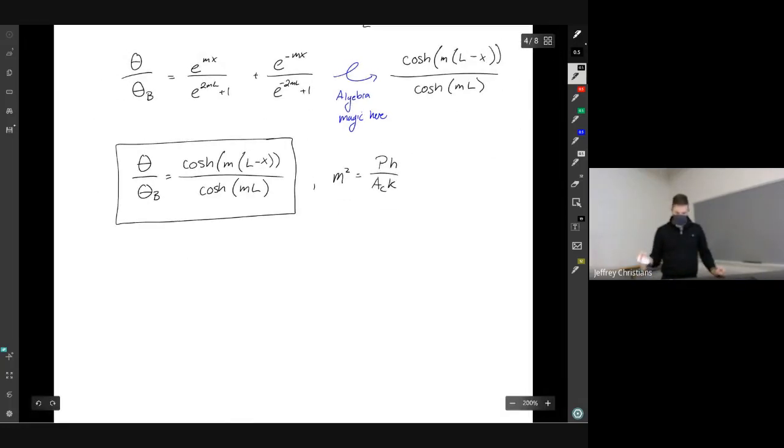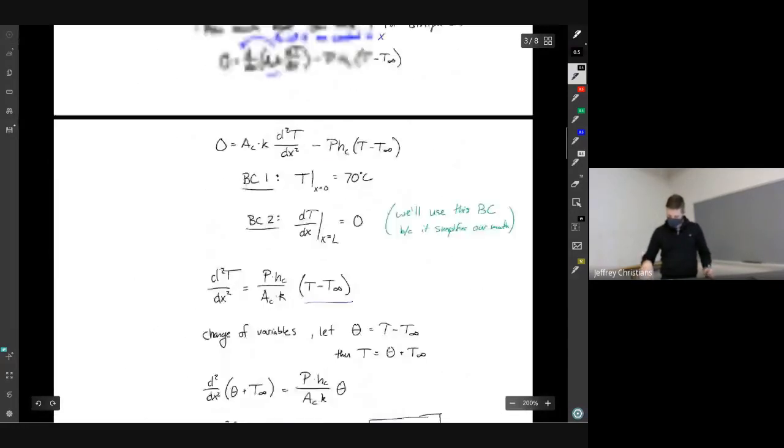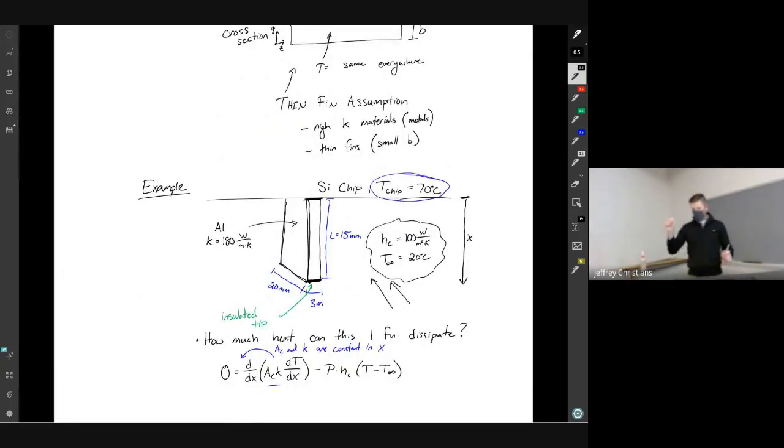We could find m squared equals p h over ack. If we go back up to our example from a long while ago, the perimeter is 23, 23, so our perimeter is 46 millimeters.